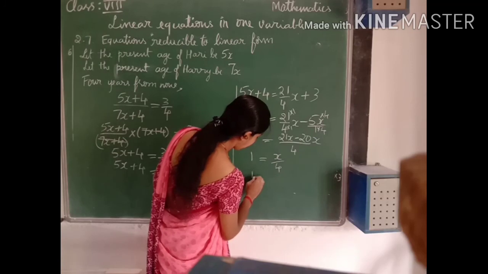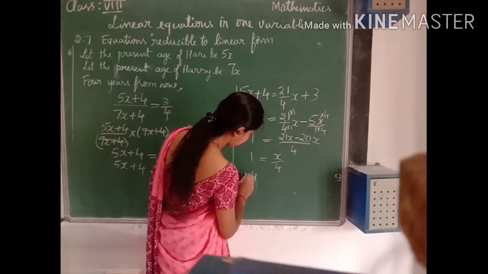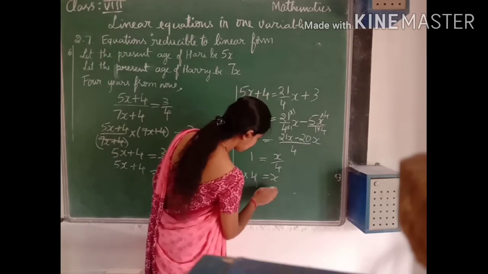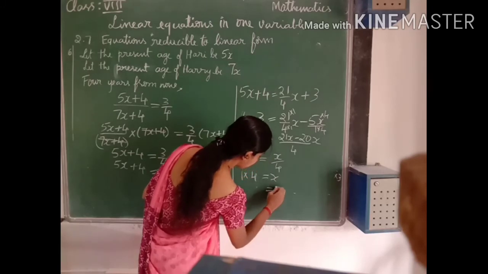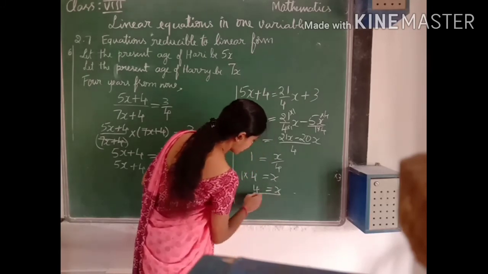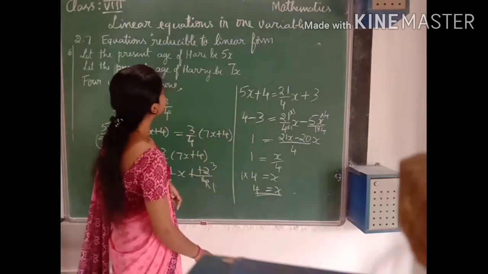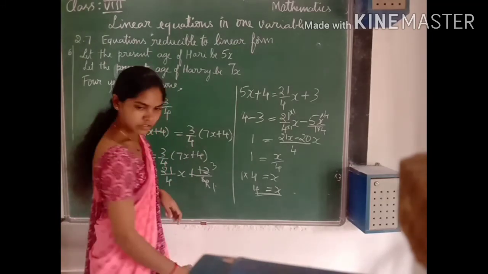So 1 into 4 is equal to x. So the value of x is equal to 4.